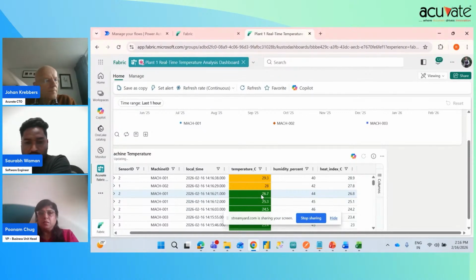Let me try to increase more. It's near the critical level.